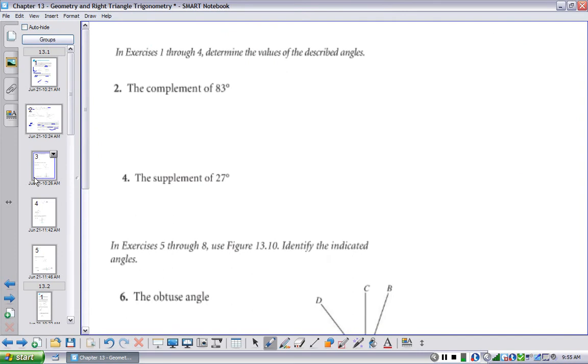Now, let's look at some problems. In number 2, they want us to find the complement of 83. Remember that complementary angles have a sum of 90 degrees. So the complement of 83 is 90 minus 83, which is 7 degrees.